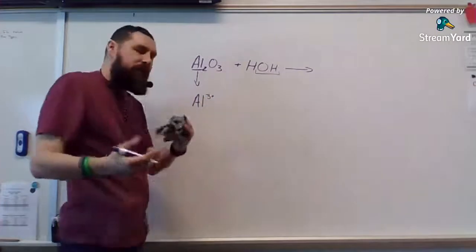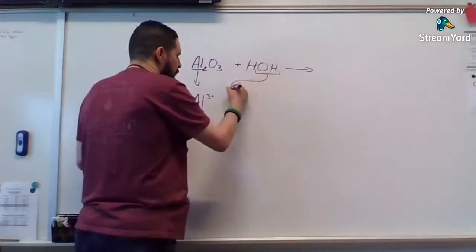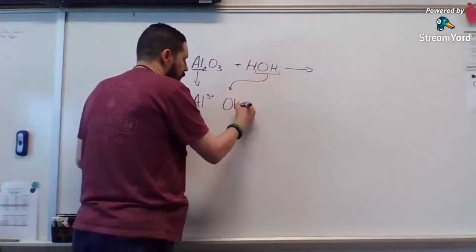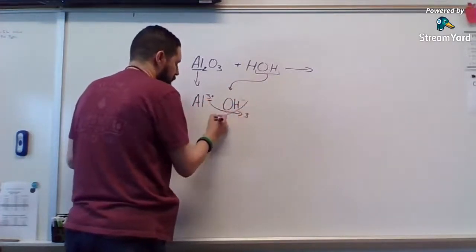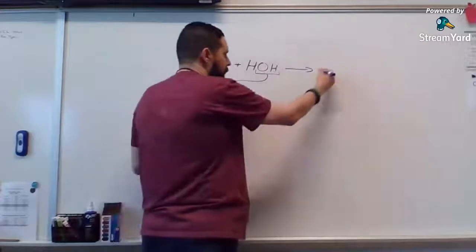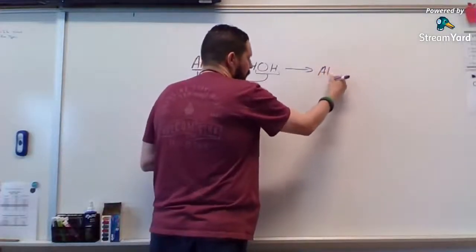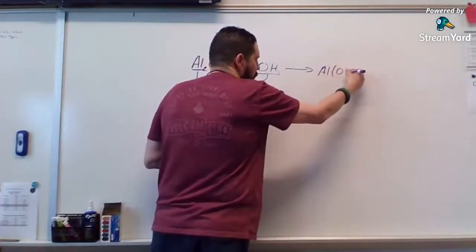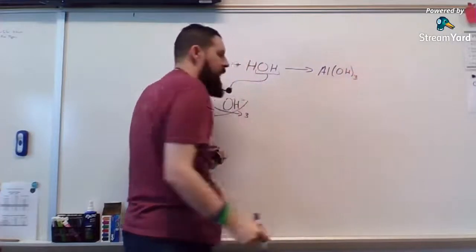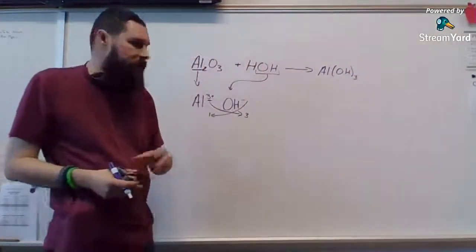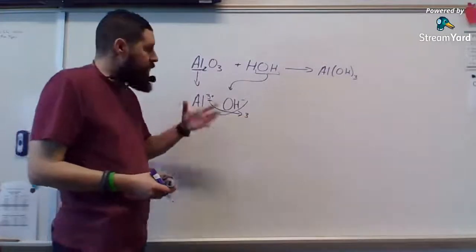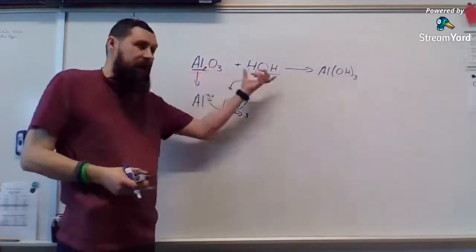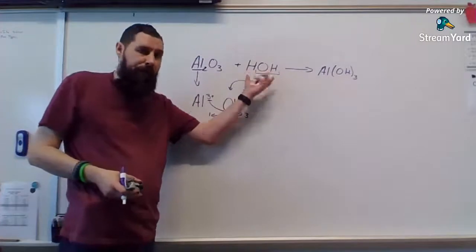Look up the charge to be a 3 positive, and then that hydroxide, OH negative, cross down those charges. Al unwritten 1, OH 3, and again, OH goes in parentheses because the subscript that I've crossed down is greater than 1. So that is a metal oxide combining with water.